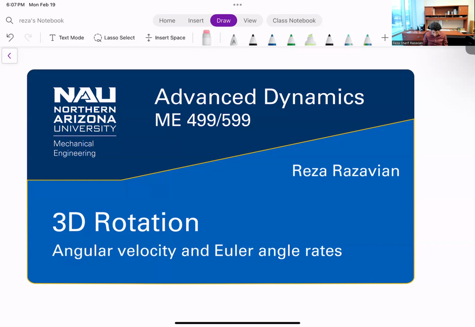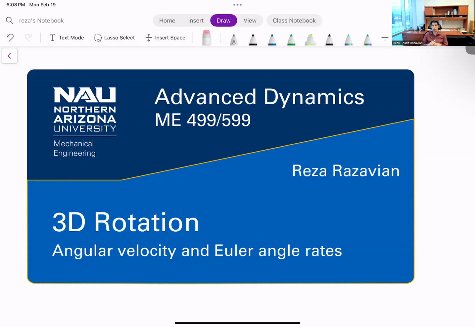So in the previous video, we talked about Euler angles and how nice they are in describing a rotation using three very easy to interpret numbers that can be your generalized coordinates if you want to find equations of motion later.